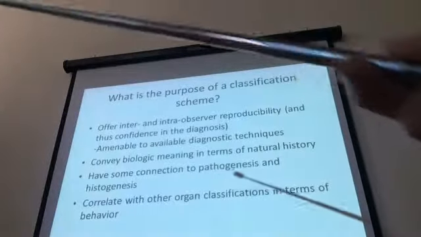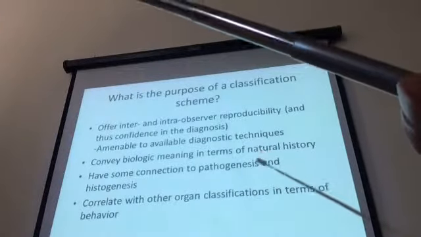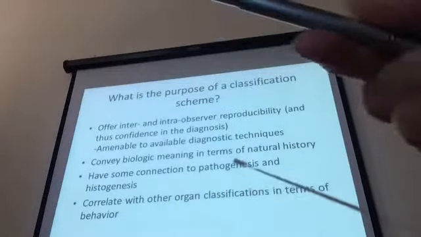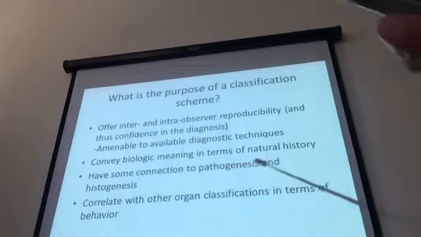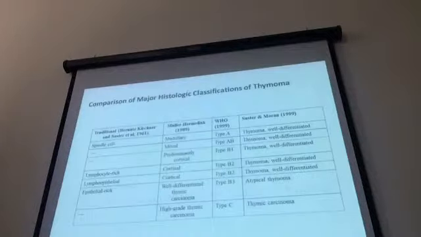Ideally, it might also be connected to molecular events, pathogenesis, and histogenesis, and have some connection to make it memorable with other organ systems. So, do these classification systems accomplish this?